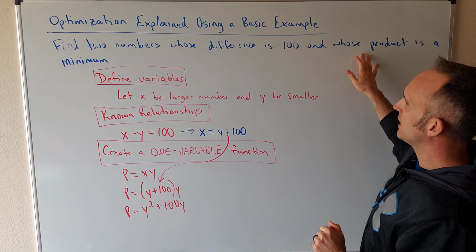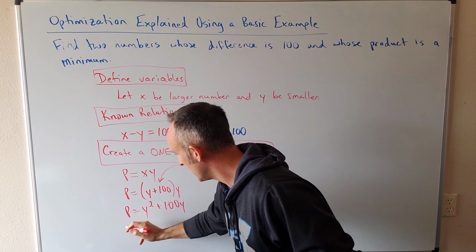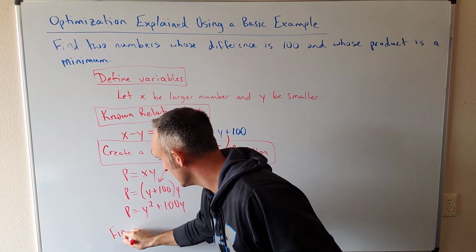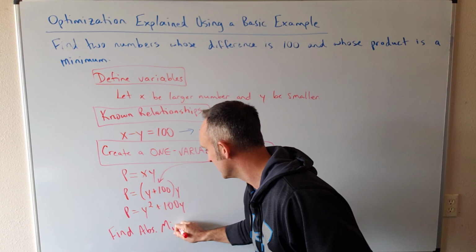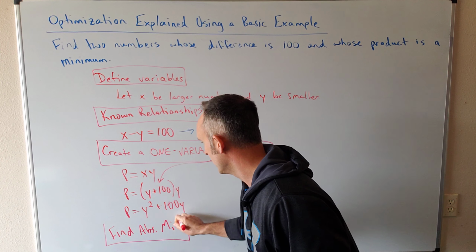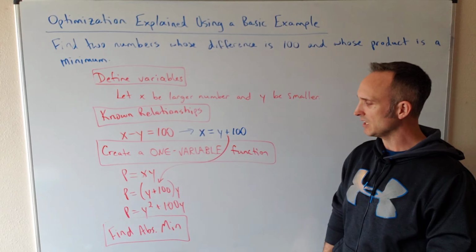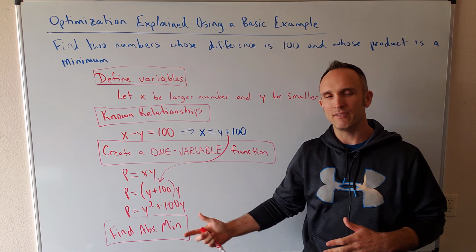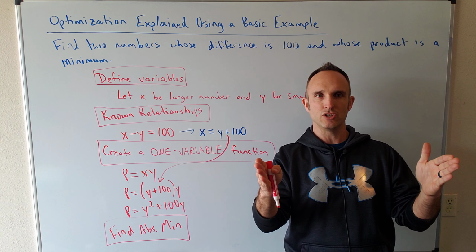And when we do that, we'll come back and answer the question to find the two numbers, okay? So find, in this case, the absolute minimum, if it exists, okay? Find the absolute minimum of that function. Now, sometimes when you're doing optimization, you'll have an interval that you're working on, some limitation.